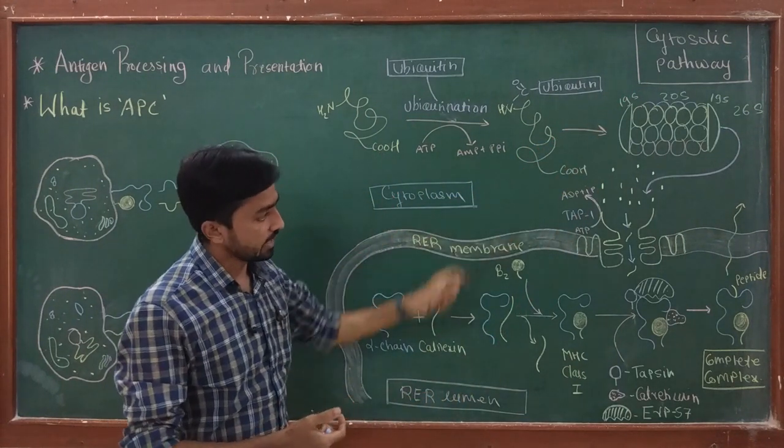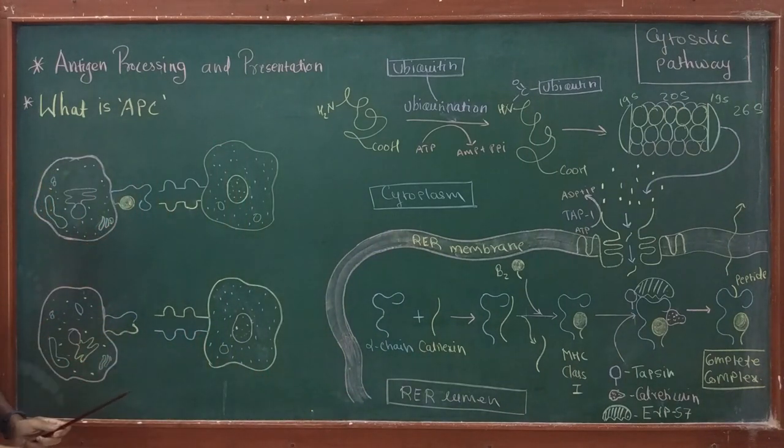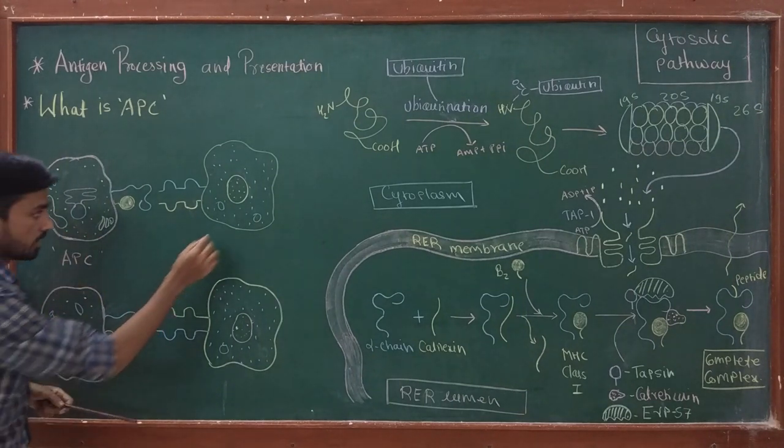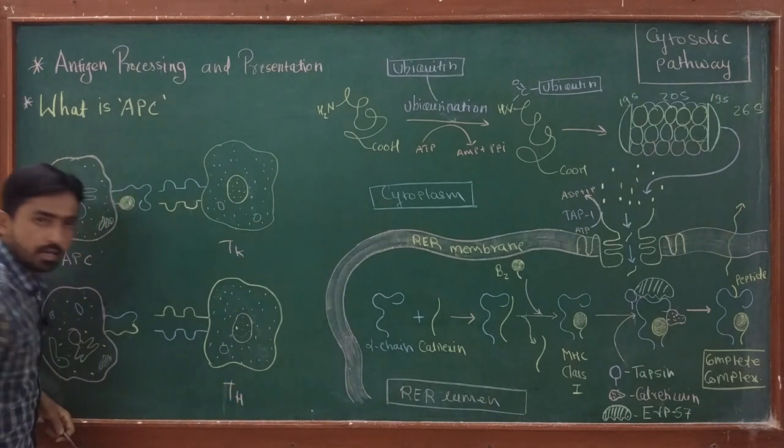But before starting with the actual pathway, I just want to give a quick introduction to antigen presenting cell and T cell interactions. Suppose this is the APC, or antigen presenting cell. The antigen presenting cell presents the processed antigen either to a T killer cell or a T helper cell.